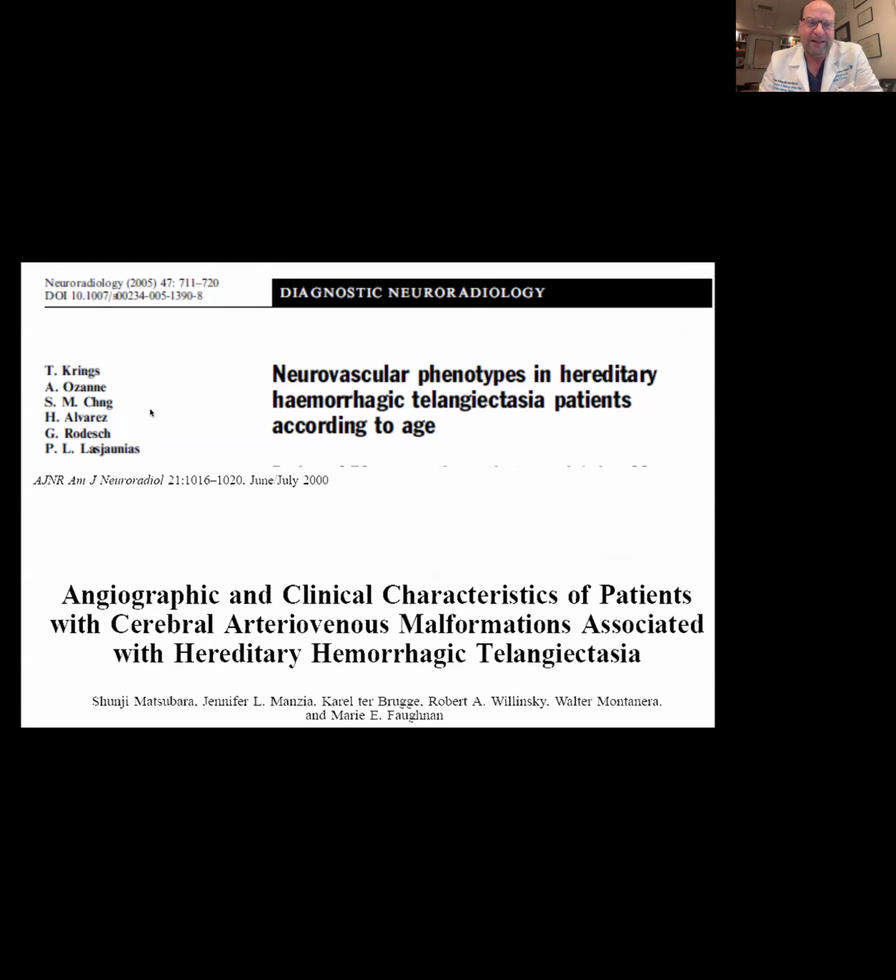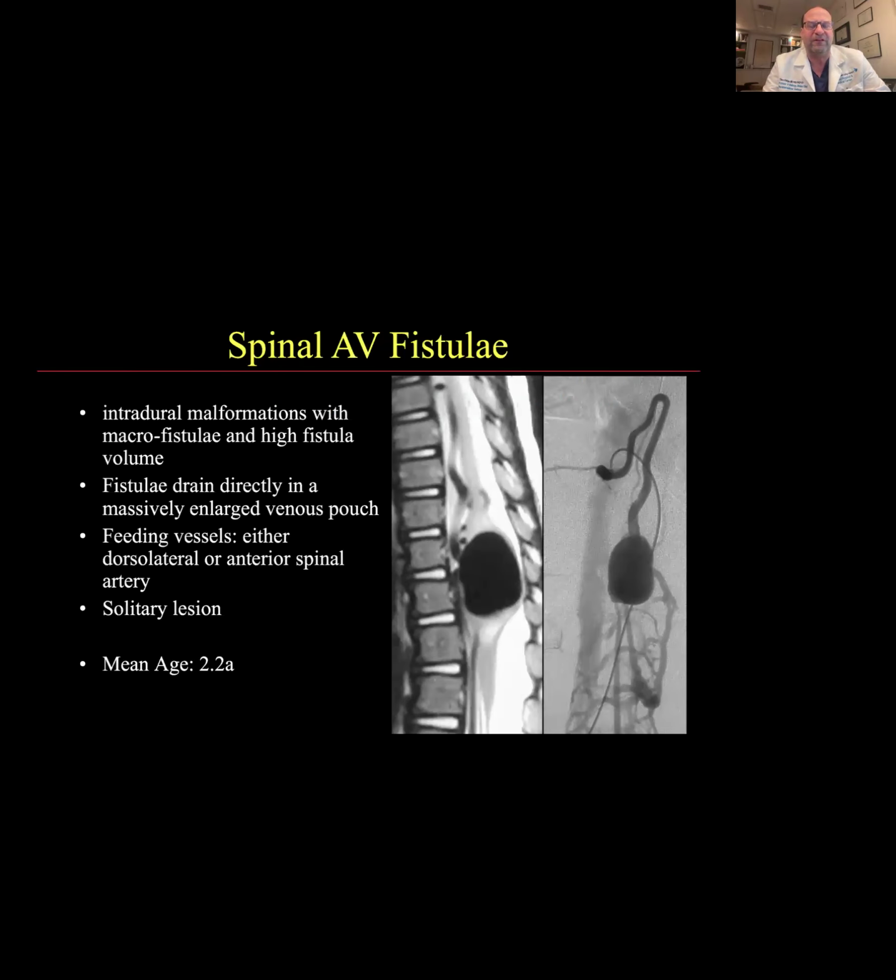And we found that there are at least four different types of vascular malformations that can be present in patients with HHT. And this was also demonstrated here by the group in Toronto with my previous co-worker Karl Terbrugge, that demonstrated that there are four different types of vascular malformations in the central nervous system.